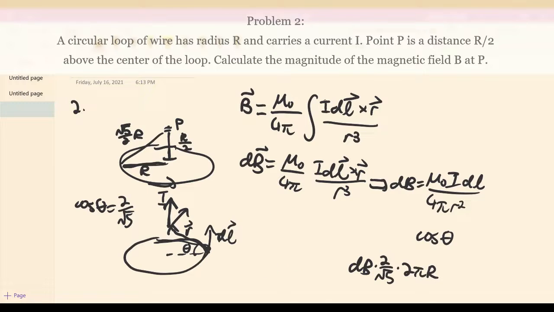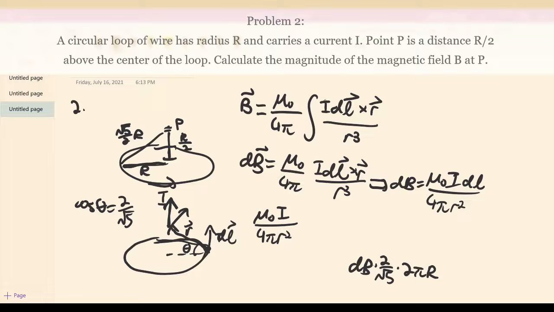We can now plug in our expression for dB, which gives mu0 times I over 4 pi r squared. This dl is just a very small part of the loop, and that's the part we add up to get 2 pi r.